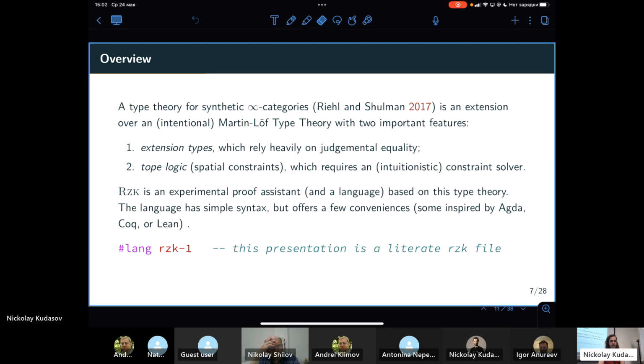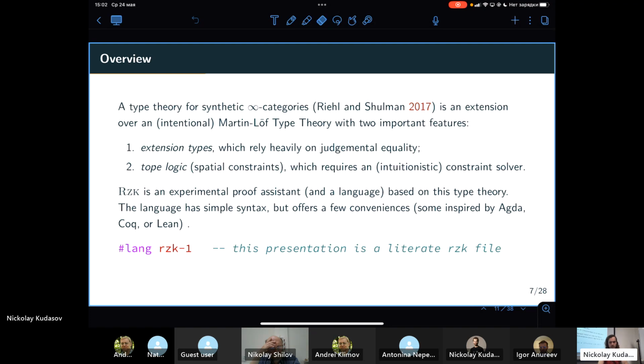And RZK is an experimental proof assistant that is based on this type theory. Right now, the working part specifically targets the infinity categories or the simplicial type theory, but a fairly simple extension would be to support this entire general theory.